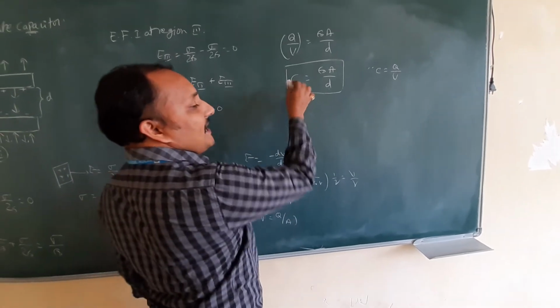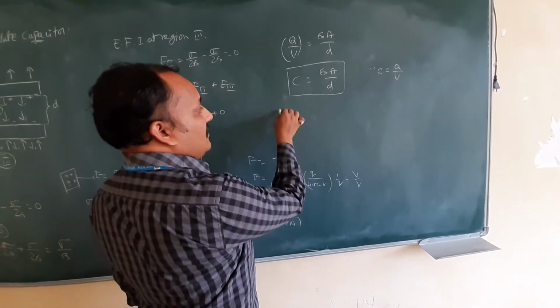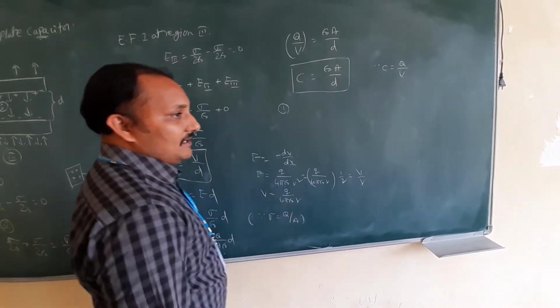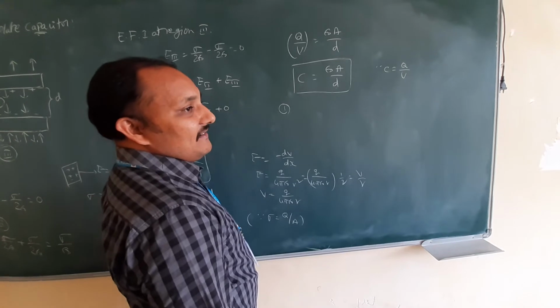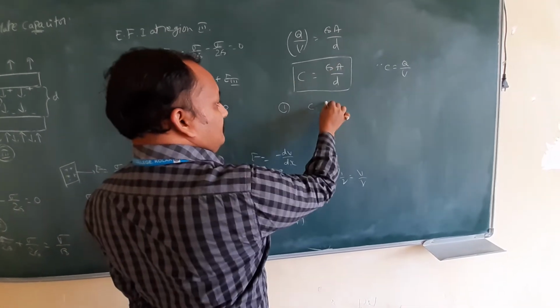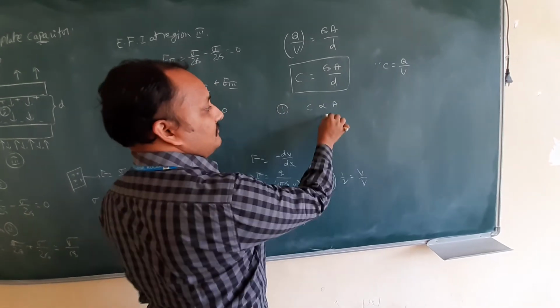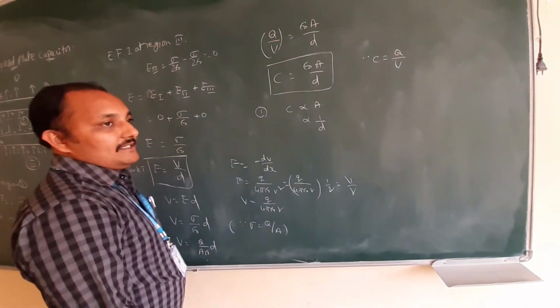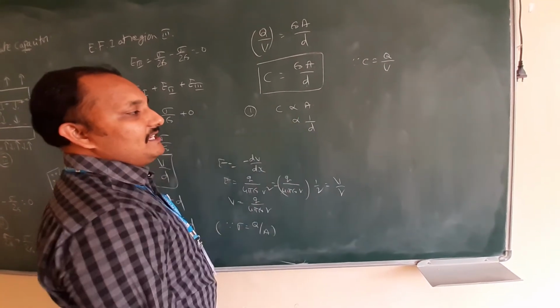Now, what factors does the capacity of a parallel plate capacitor depend on? They will ask this in a 1 mark or 2 mark question. Capacity depends on the area of the metal plate and the separation, where d means the separation between the two metal plates.